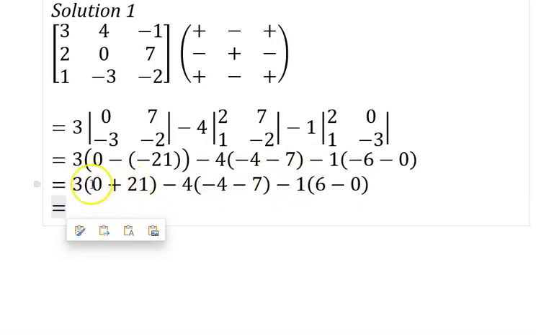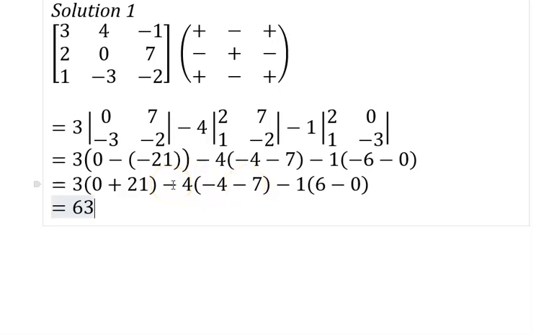Let's go. 0 plus 21 will give us 21. 21 times 3 will give us what? 63. Beautiful. Now here, -4 minus 7 will give us -11. -11 times -4.